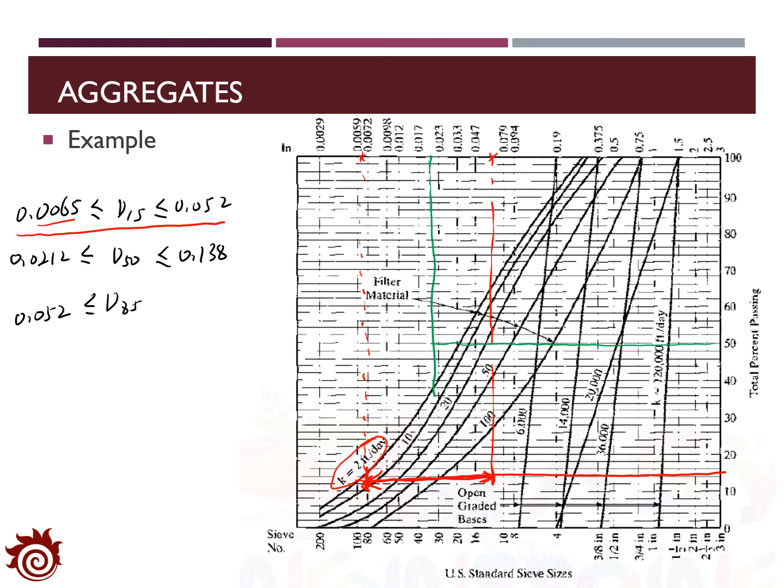Should be some place in here. So with that one, we think the line with K equal to 100 will not be appropriate.